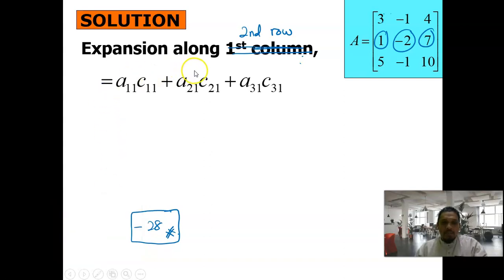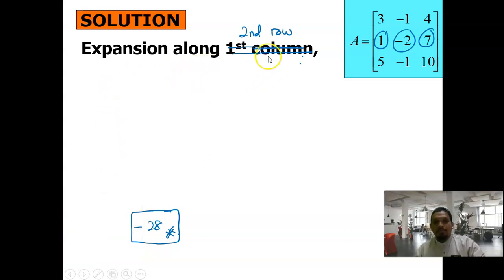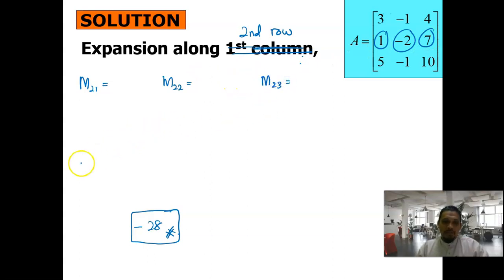Recall, using the second row here, we are going to find the minor of 2, 1, minor of 2, 2 here, and minor of 2, 3.